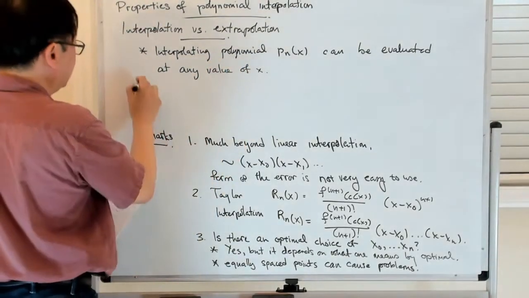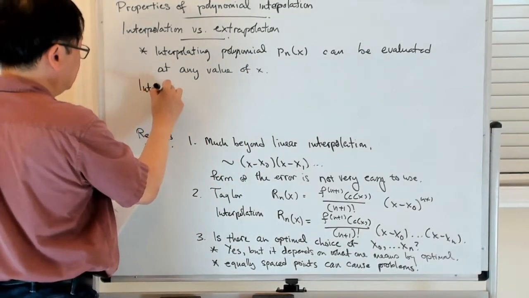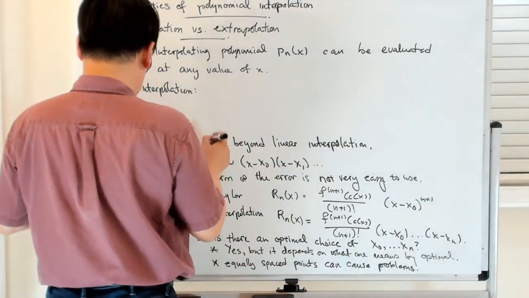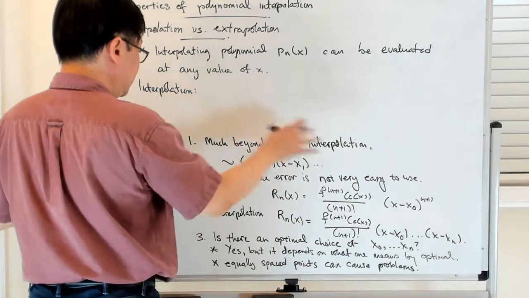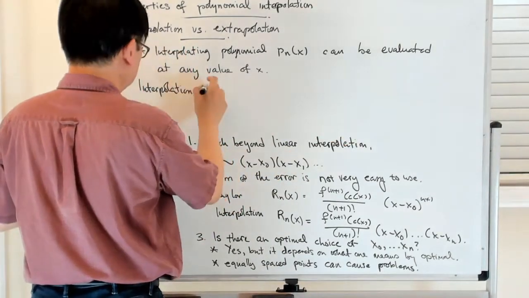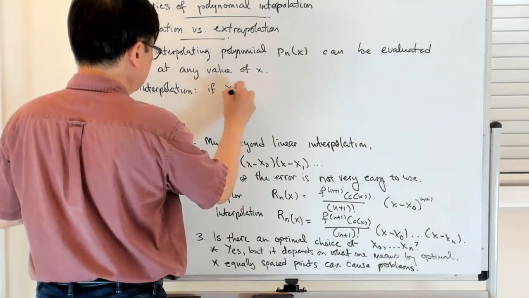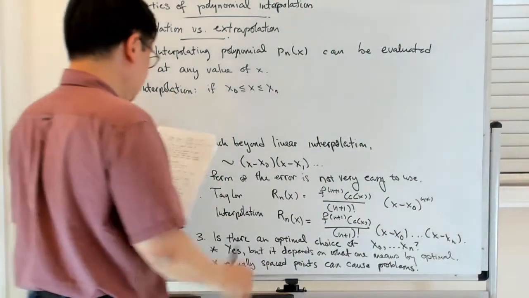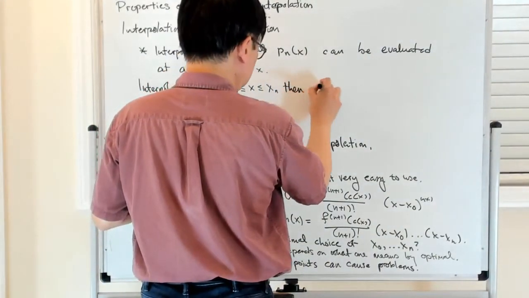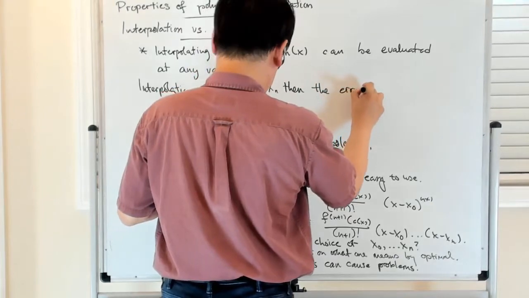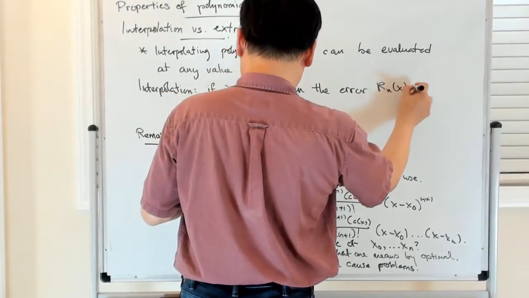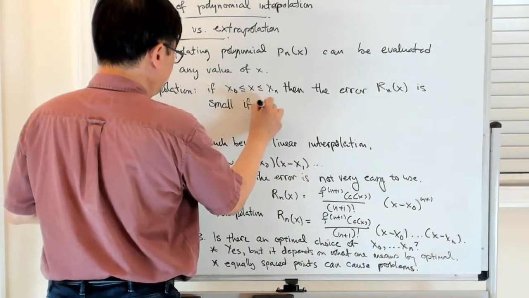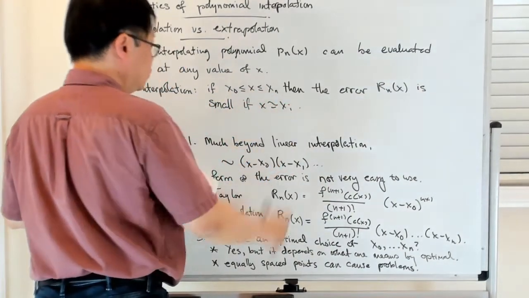What you do in interpolation is choose x to be in the interval from x0 to xn. Then the error Rn of x is small if x is close to one of the points.